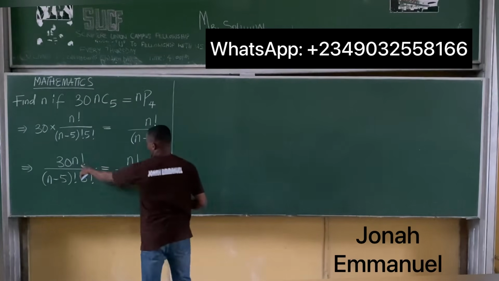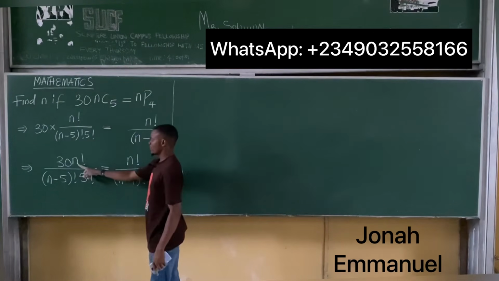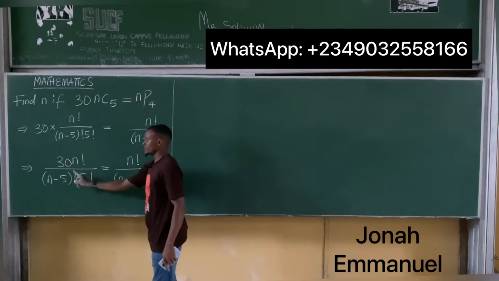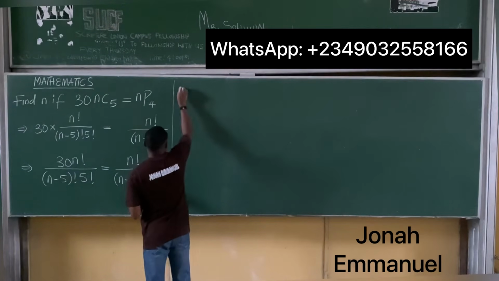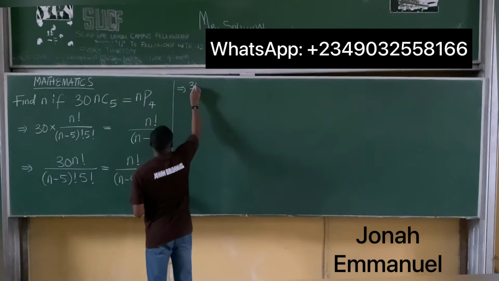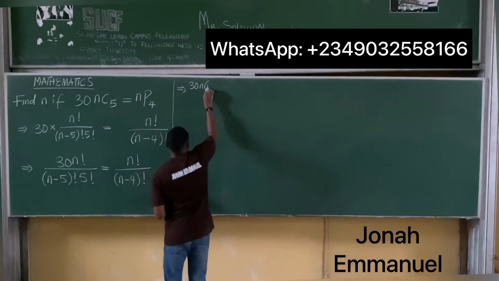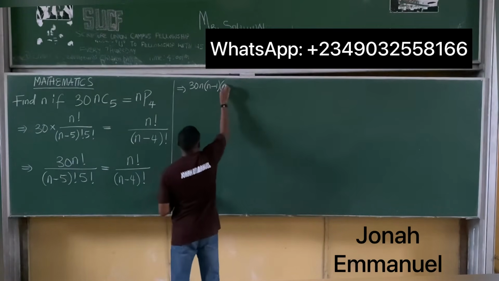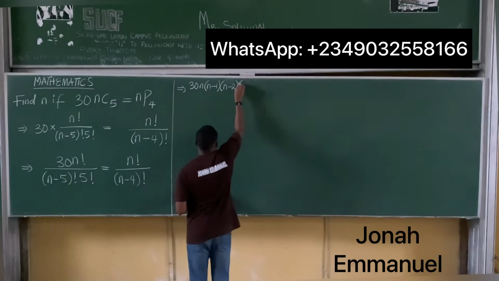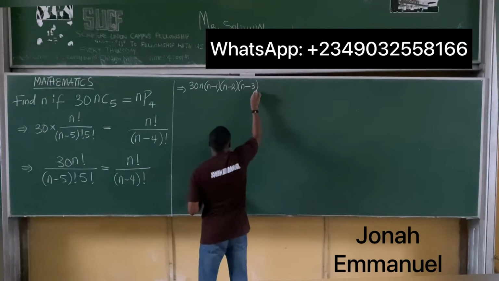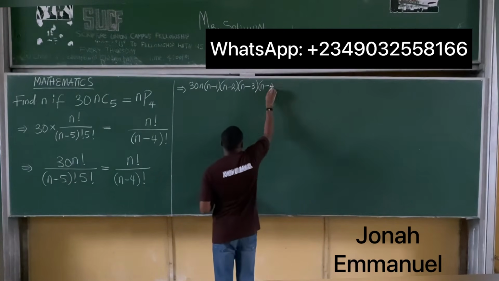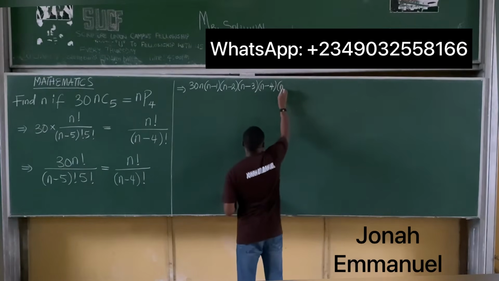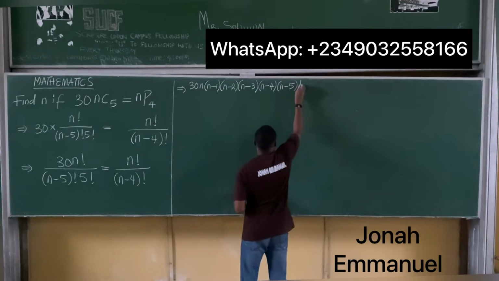So that's equal to 30 into n, and then n minus 1, n minus 2, n minus 3, n minus 4, and then n minus 5 factorial.